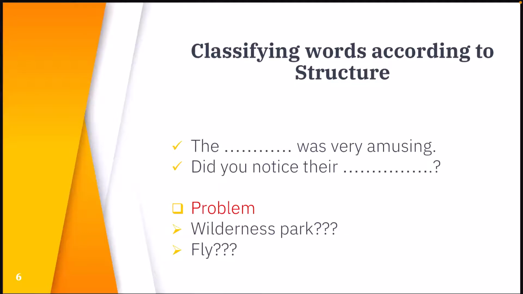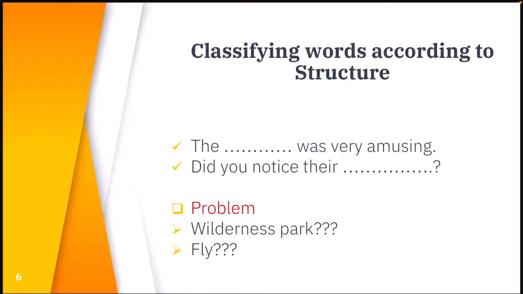So therefore, what should follow is a noun, and we could say the book was very amusing. Okay? And according to this criterion, since we have a function word, then we can decide that book is a noun.